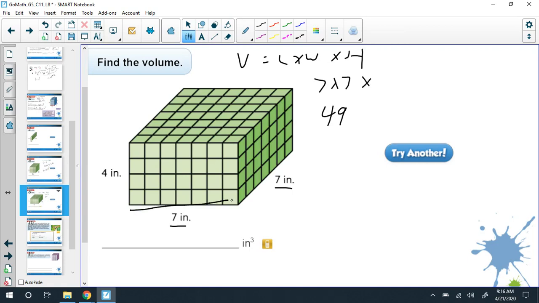Well, I've already done this length, and I've done this length. So now I need to get this one here, which is multiplying that by 4. 4 times 9 is 36, and 4 times 4 is 16 plus 3, which is 19. So this one has a volume of 196 cubic inches.